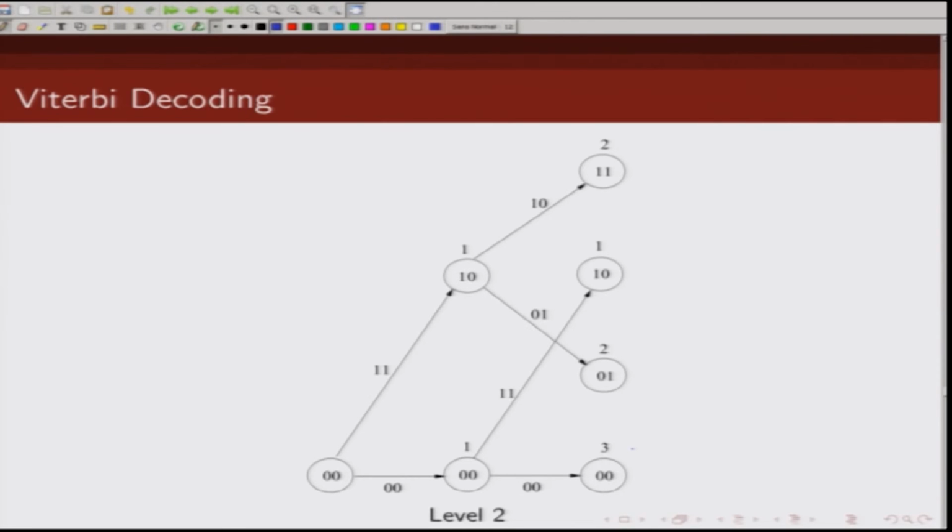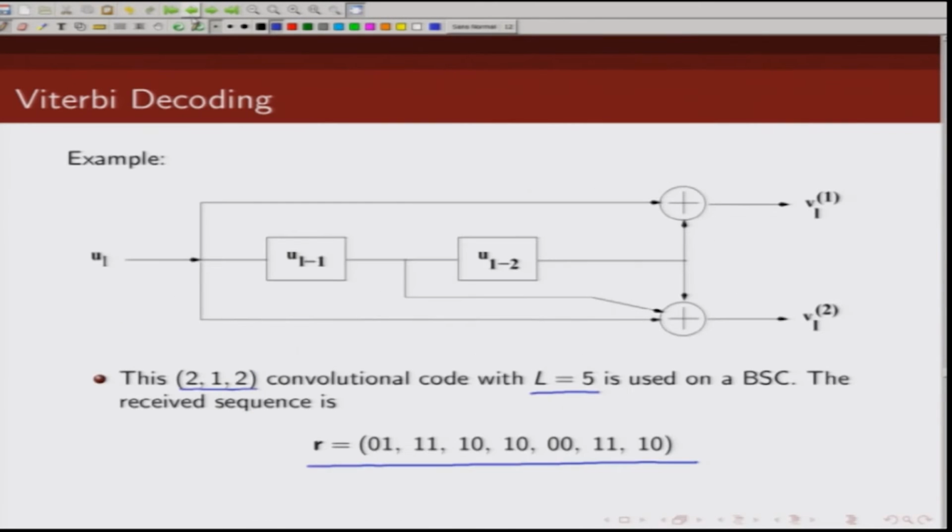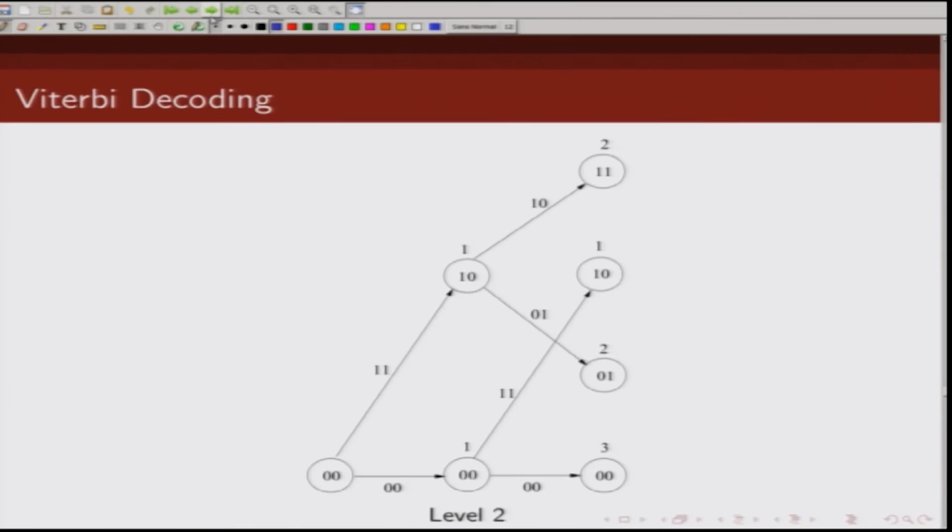Okay. Now, how do we compute these path metrics? So, let us go back and see what our first 2 receive sequences were. It was 0 1 and 1 1. So, we had received here 0 1 and 1 1.